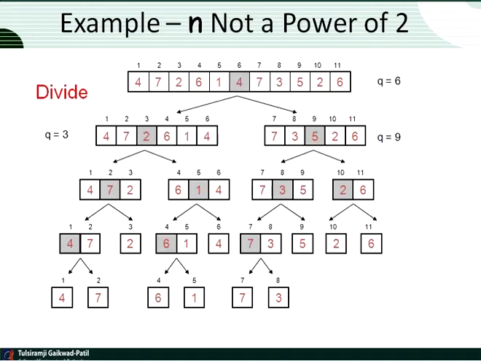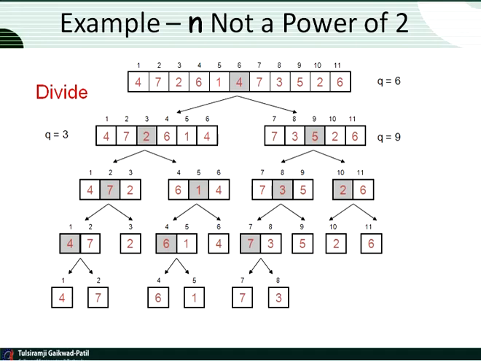Next is how to divide. See, if the elements are more, like this. There are, say, 11 different elements in front over here, in which the list can be divided into two different parts, one of 6 and another of 5. On the left hand side it is 6, and on the right hand side it is 5.